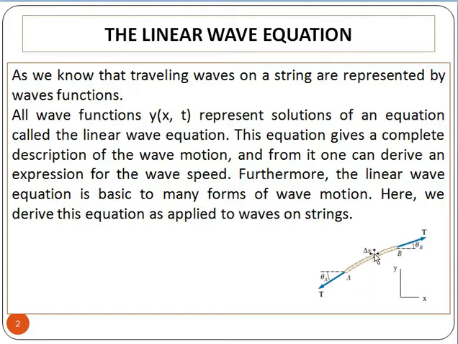The points A and B are the ends, and this is the element of the string. At this end, the tension makes an angle theta A with the horizontal axis, while at this end the tension force makes an angle theta B with the horizontal axis.